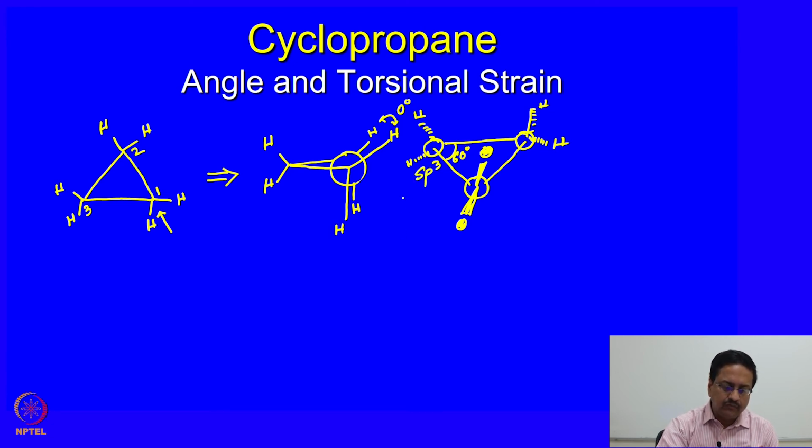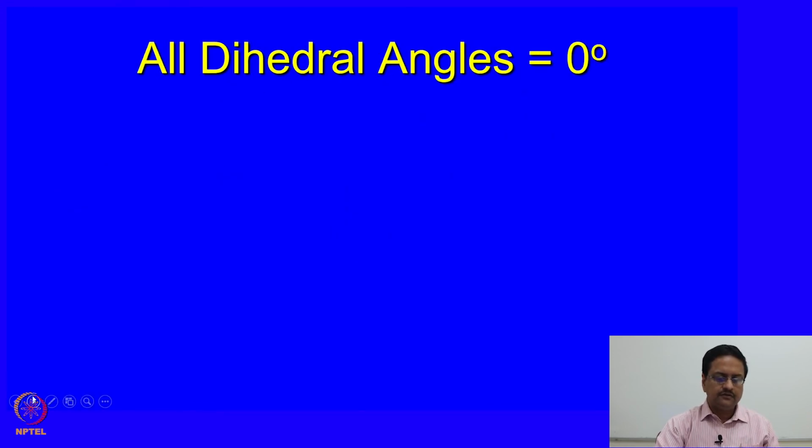So you have a large angle strain in the molecule, and also these hydrogens are eclipsed, so the molecule has an additional torsional strain as well, and therefore this molecule is highly unstable. Here all the dihedral angles that we have seen are 0 degrees.